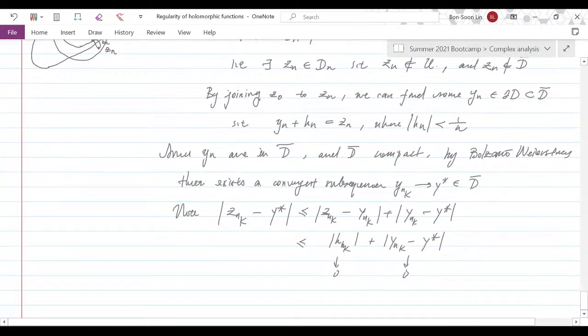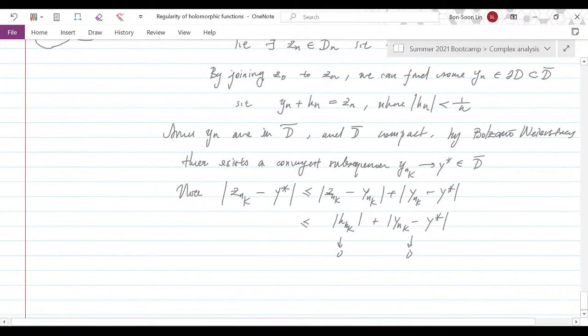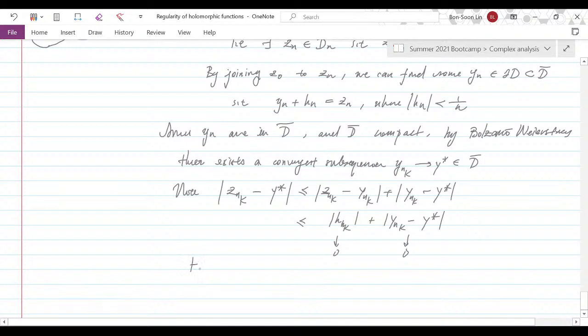Okay, so it goes to 0. Pretty straightforward. Basic analysis.